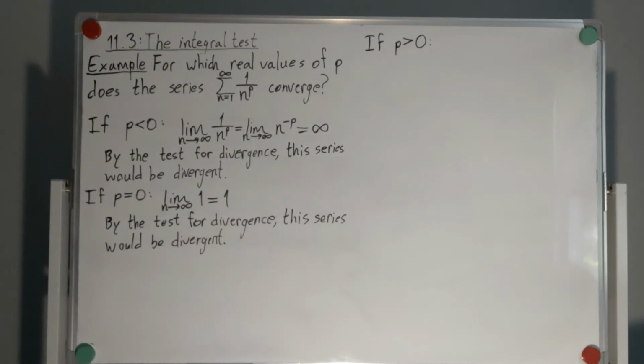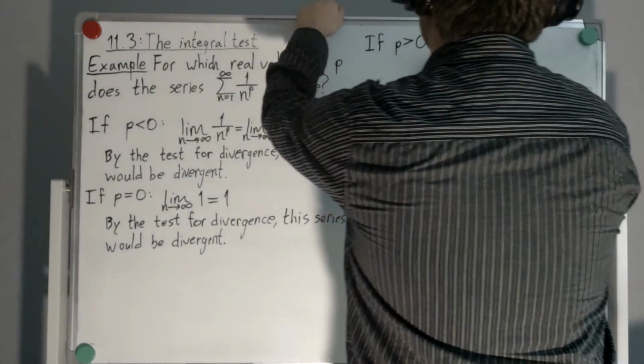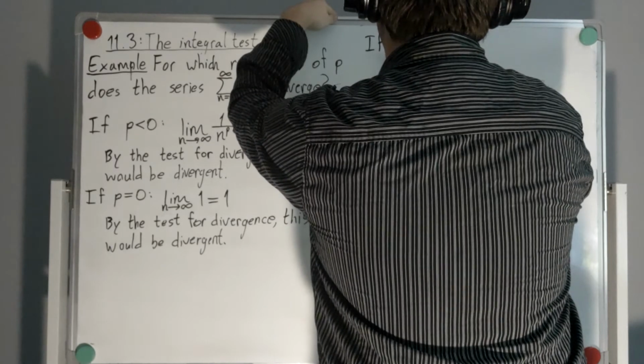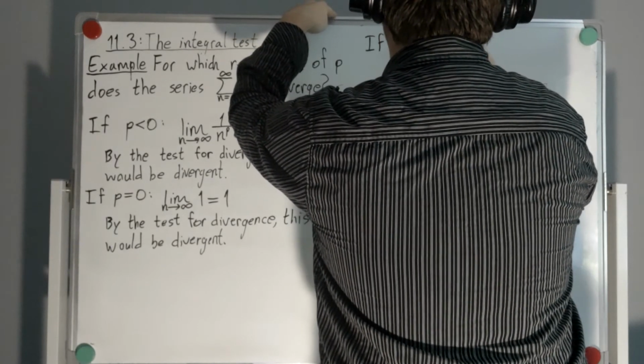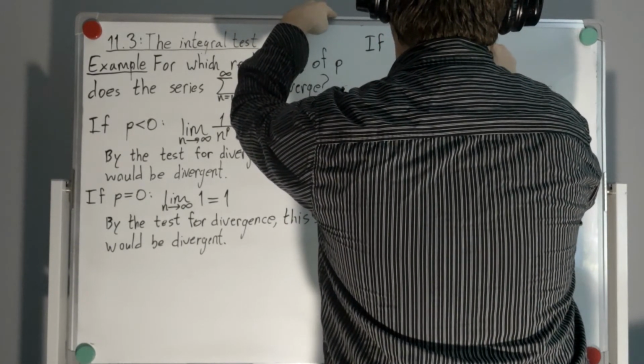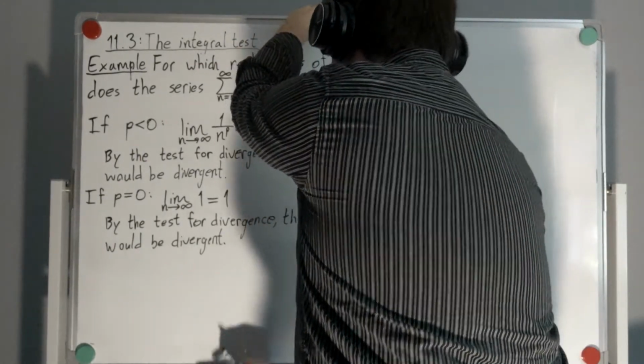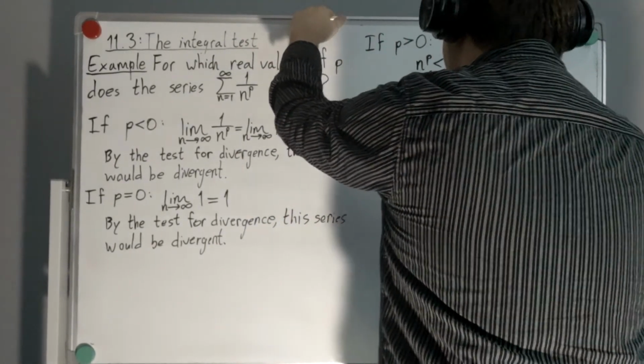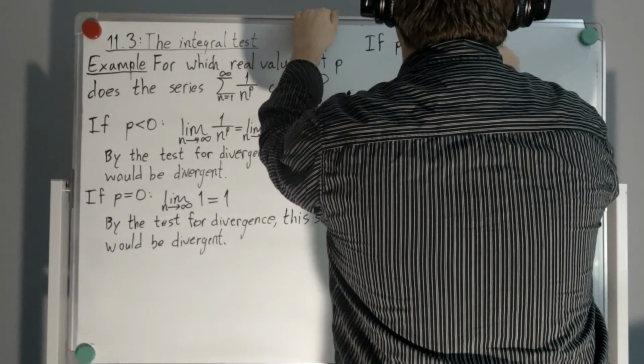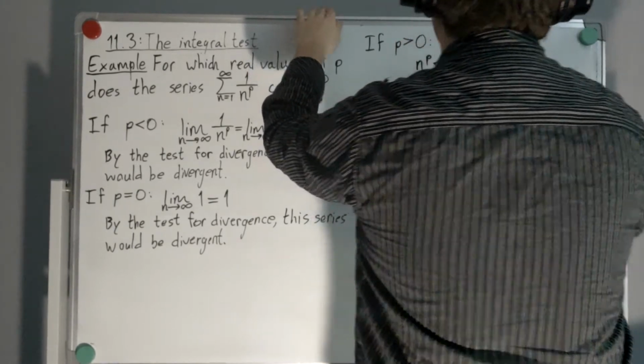So what we can do is say, first of all, n to the p is less than n to the p plus 1. No, that's not what I meant to say. That's true, but that's not what I meant to say. It's less than n plus 1 raised to the p.